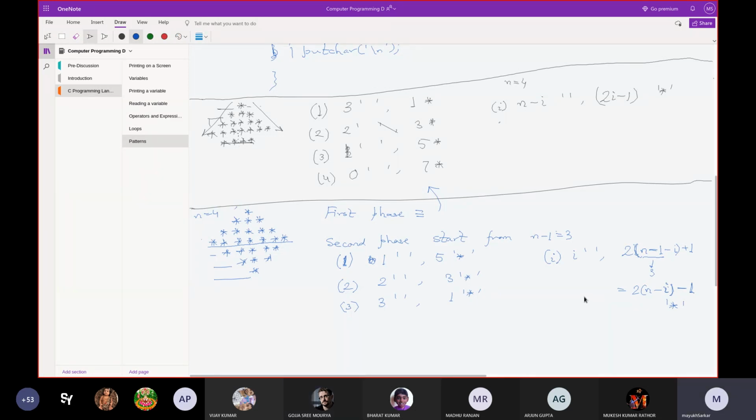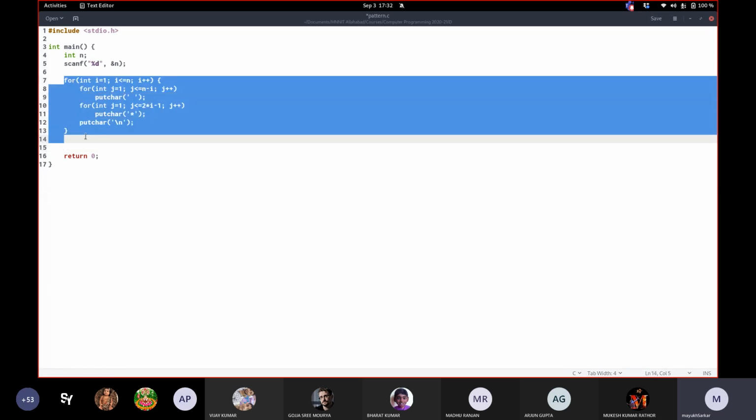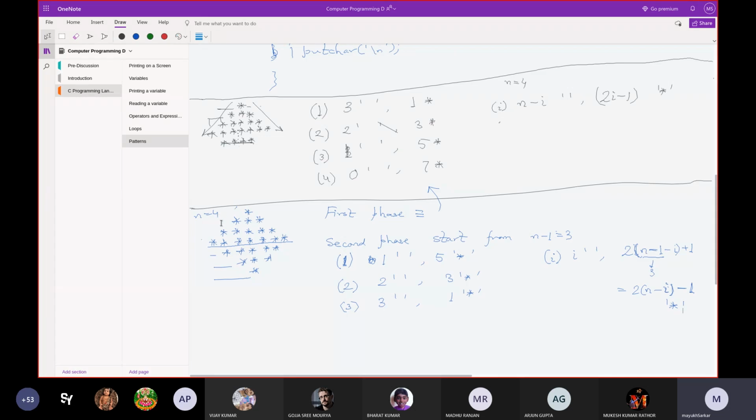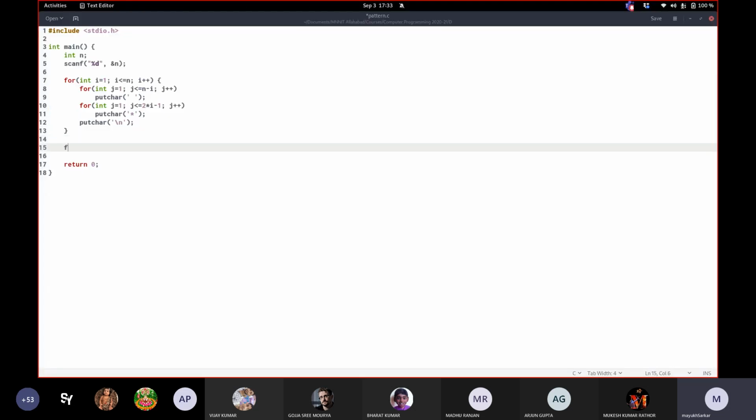Yes, sir. Now, let me modify our program. The first phase will print the first n rows as it is normally. Now, the second phase will start from n minus 1.